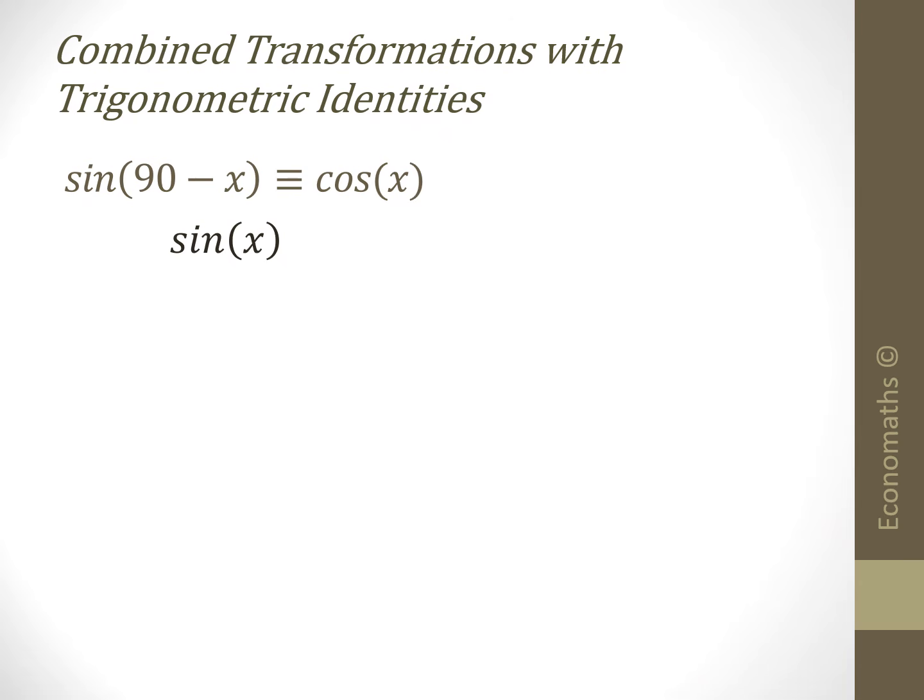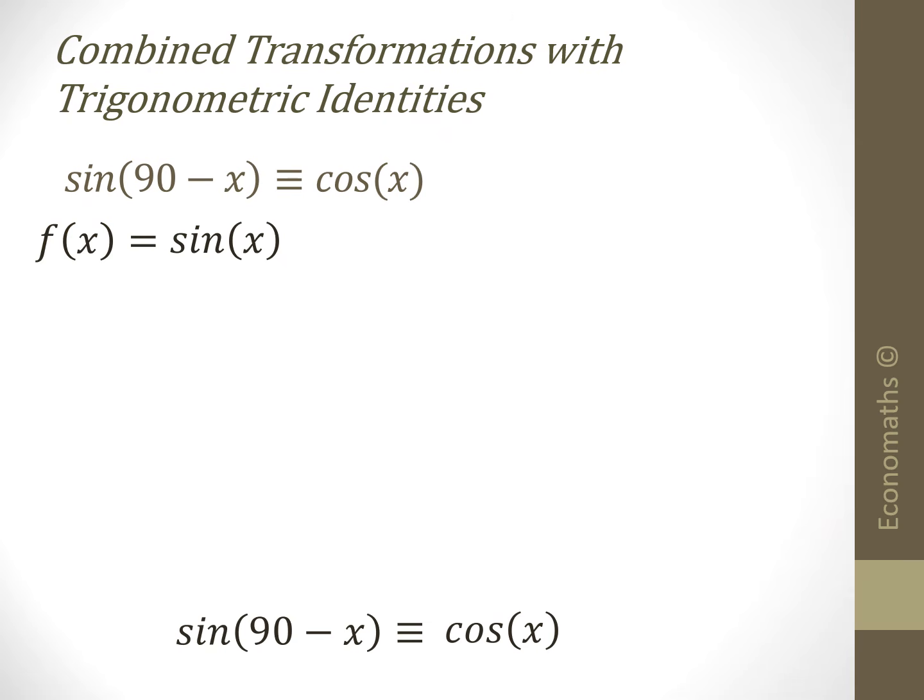Inside the function there appear to be just two transformations, right? And if we think about it in the right way, it should be going to cosine of x after these two transformations. But which way around do we apply these two transformations?